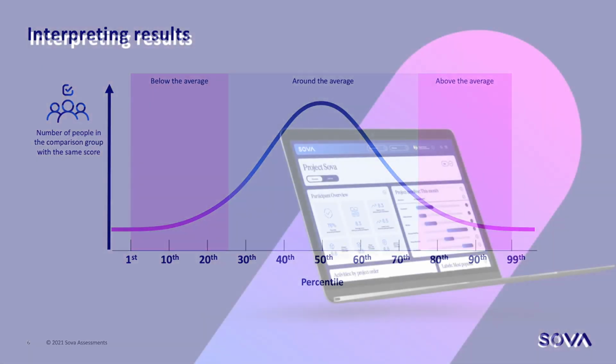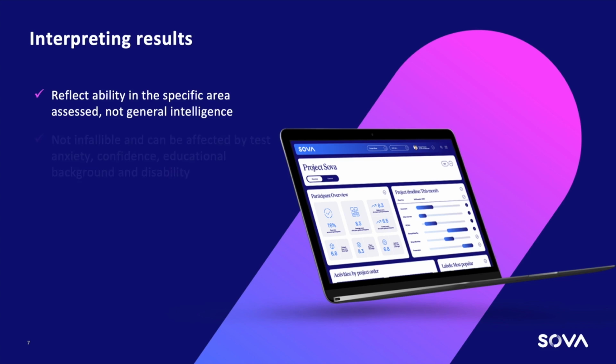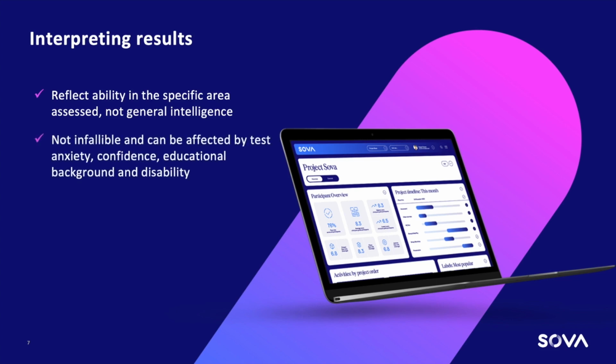When interpreting ability assessment results, it is important to keep in mind the nature of what is being measured. Remember that scores reflect reasoning ability in the specific area being assessed and are not a broader indication of intelligence. Scores are also not infallible and can be affected by factors such as test anxiety, confidence in the specific area, and educational background.